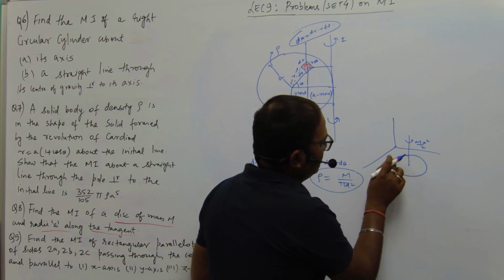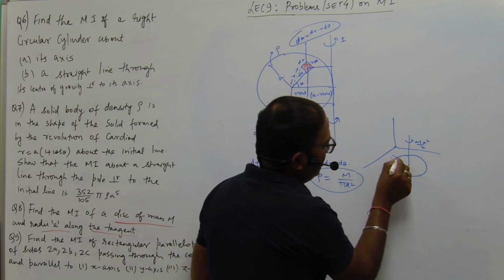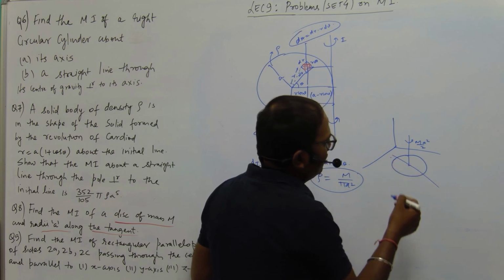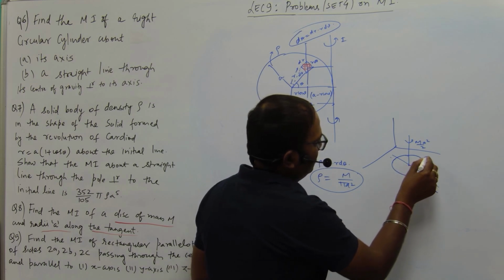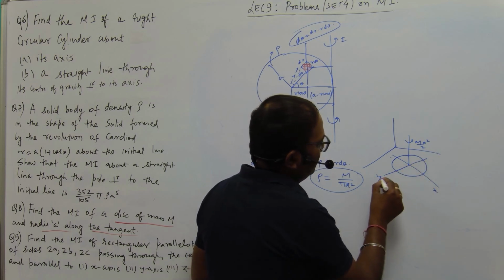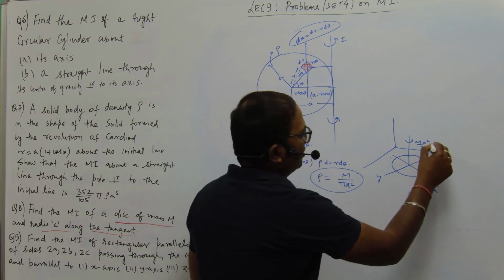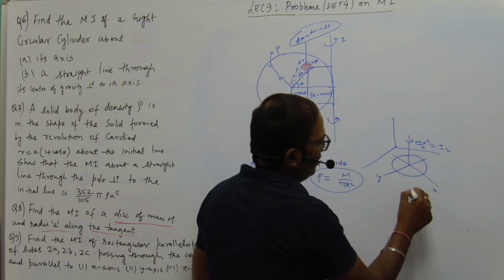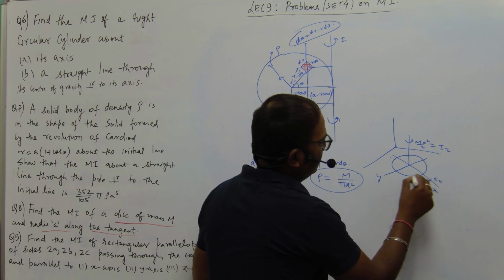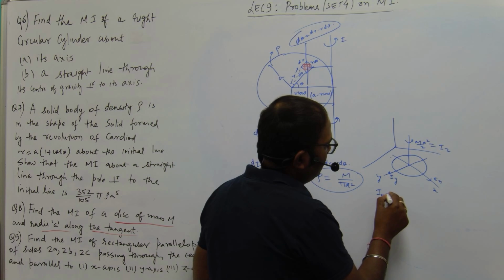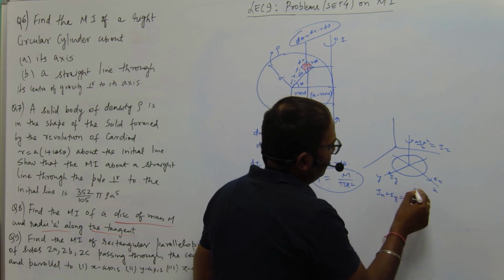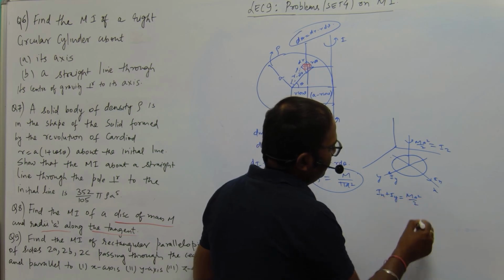Let us take this as x, this as y, and this is z. So we have this as Ix and this as Iy. From the perpendicular axis theorem, Ix plus Iy is equal to Iz, which is ma^2 upon 2.